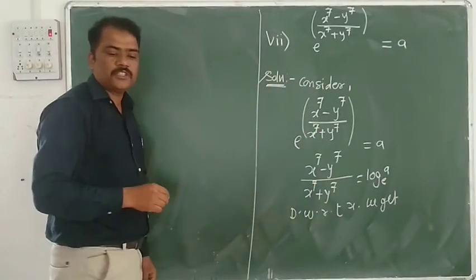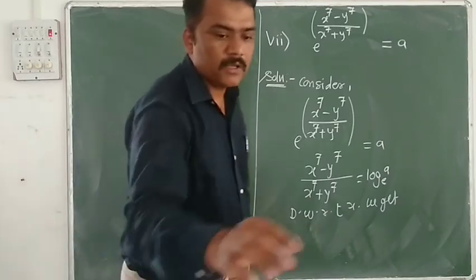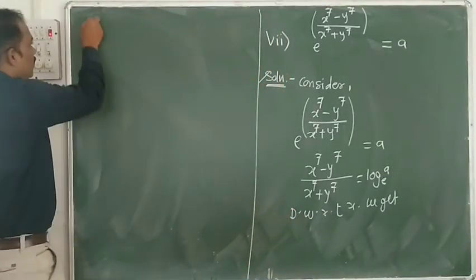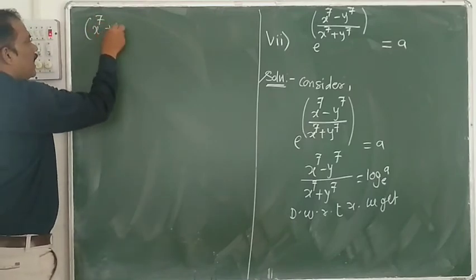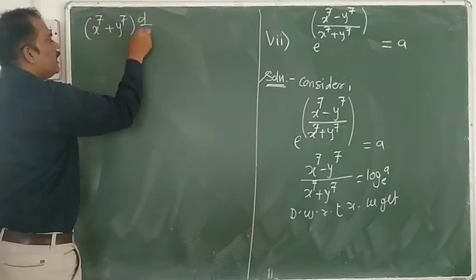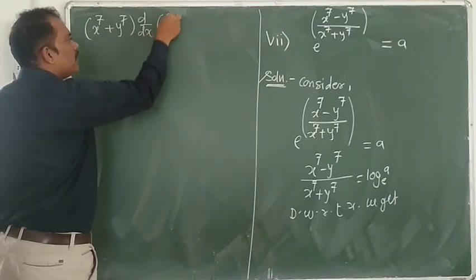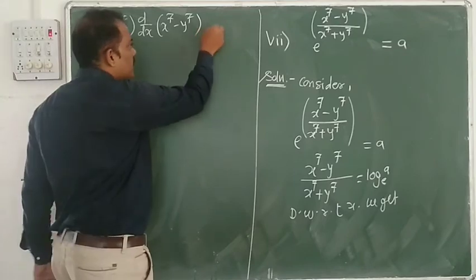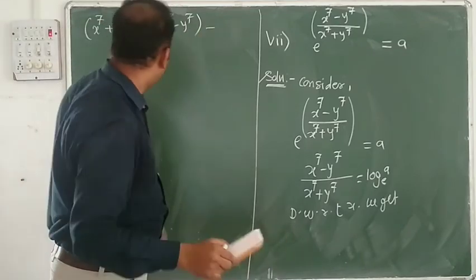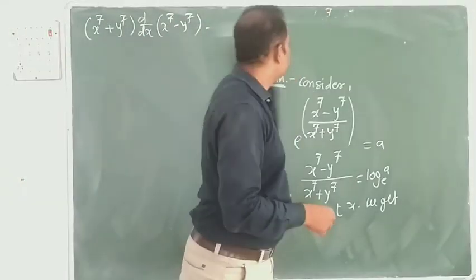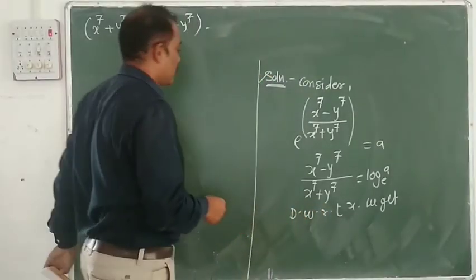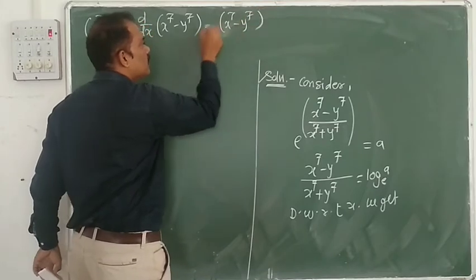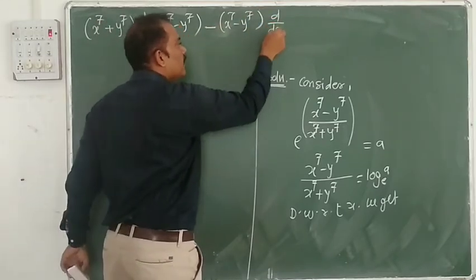Again we have to use the quotient rule on the LHS: denominator, x^7 + y^7, into d/dx of numerator, that is x^7 - y^7, minus numerator, x^7 - y^7, into d/dx of denominator.